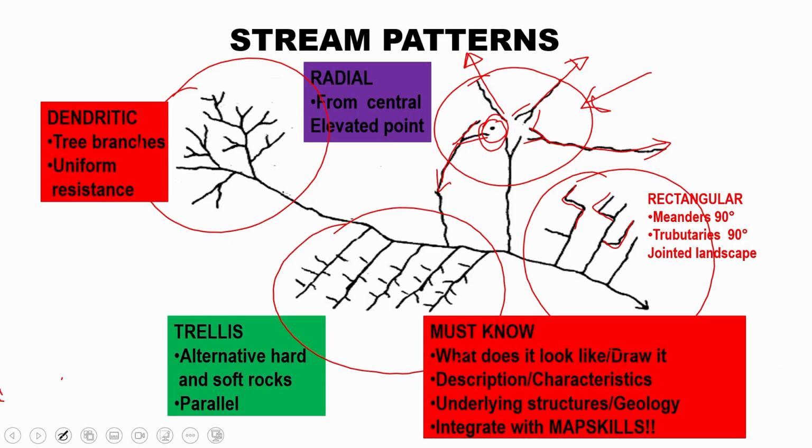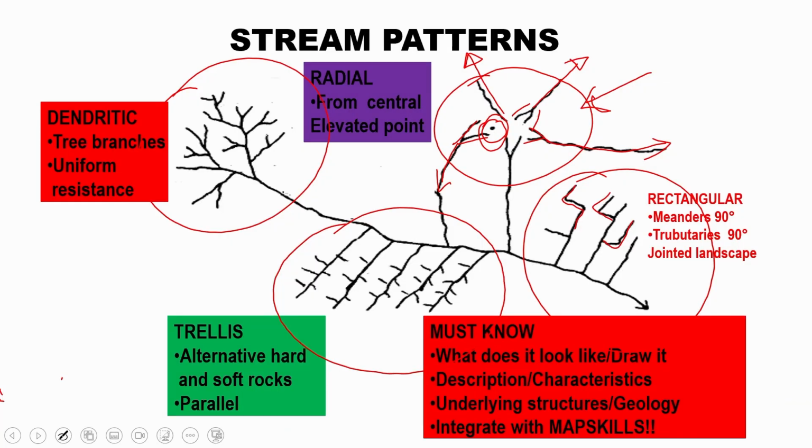Now, let's recap what you must know, factoring in my approach. You must know what it looks like. Whatever drainage or stream pattern you are given, you must know how it looks so that we are able to describe it. Or if the examiner asks you to draw, you must be able to draw it. So, two ways: either you identify what you are given, or you are asked to draw it.